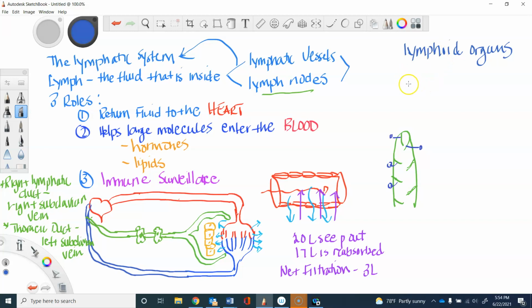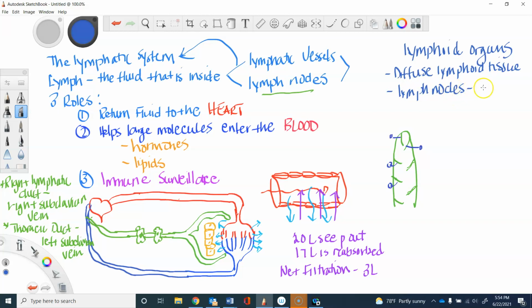Okay, so we've got basically diffuse lymphoid tissue, and these are just cells. These are just cells that are within the tissues, especially like the digestive tract and the respiratory tract, that look for yucky things. And then, of course, we have the lymph nodes, which we just talked about.